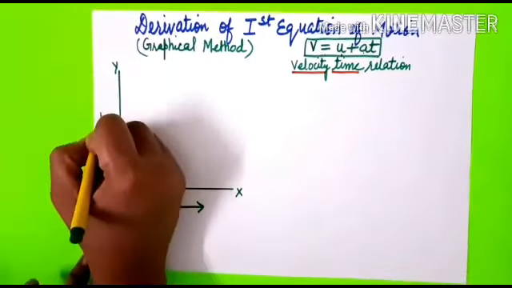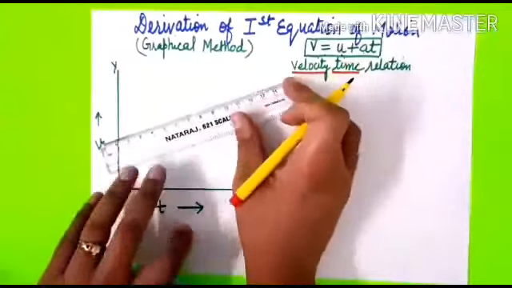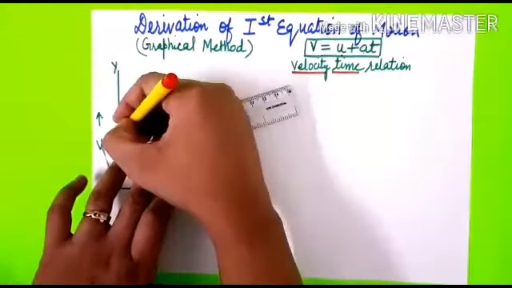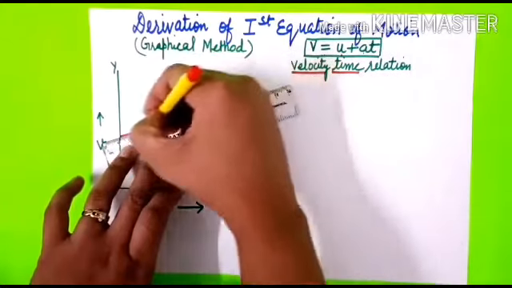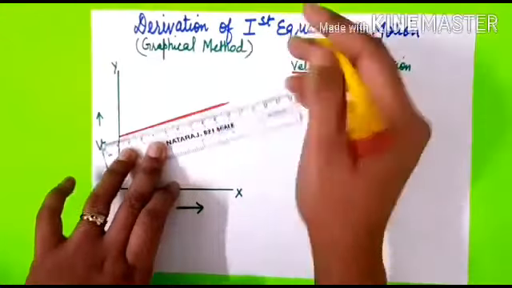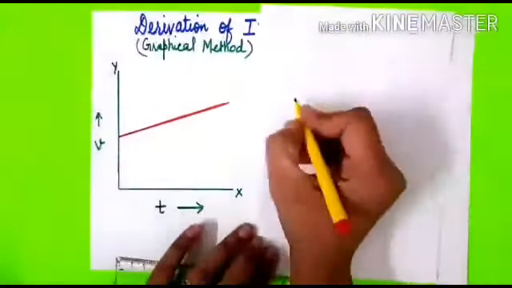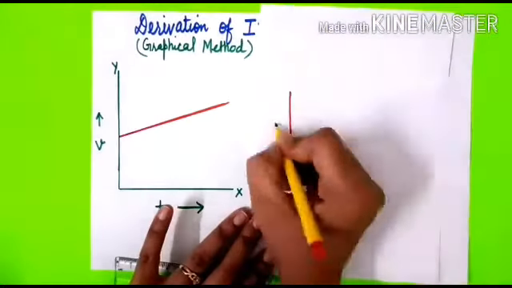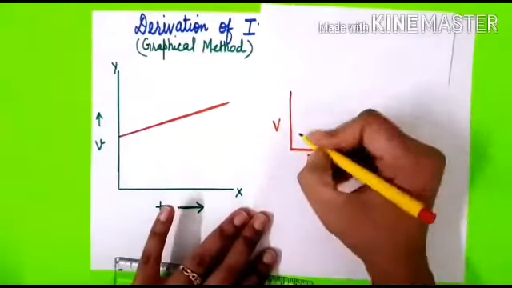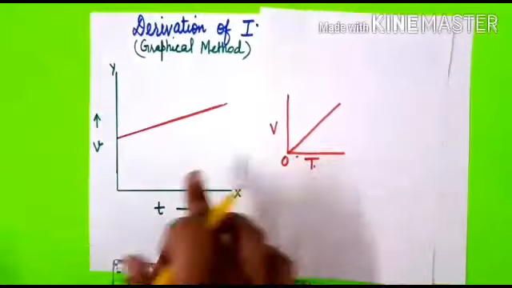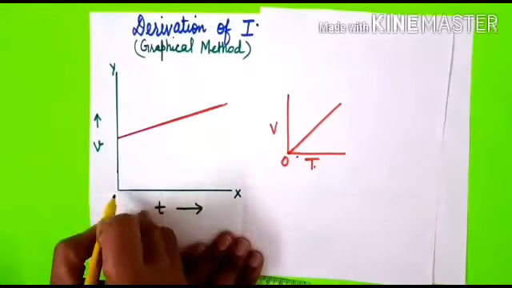And first we draw the path during the journey. This is the path. And here you can see the difference between these two VT graphs. Can you tell the difference between these two graphs? This is the origin.